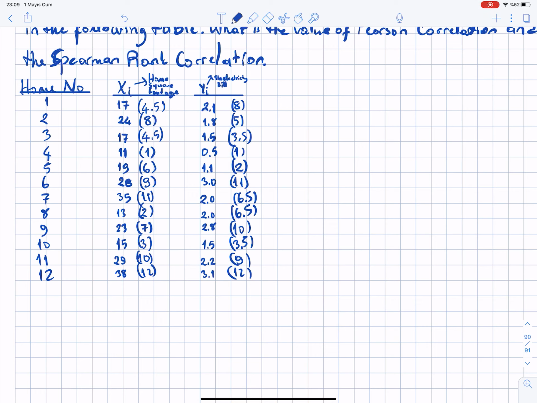If you use the ranking, d will be 4.5 minus 8, which becomes minus 3.5, and the next ones are 3, 1, 0, 4. I'm going to be quick a bit.